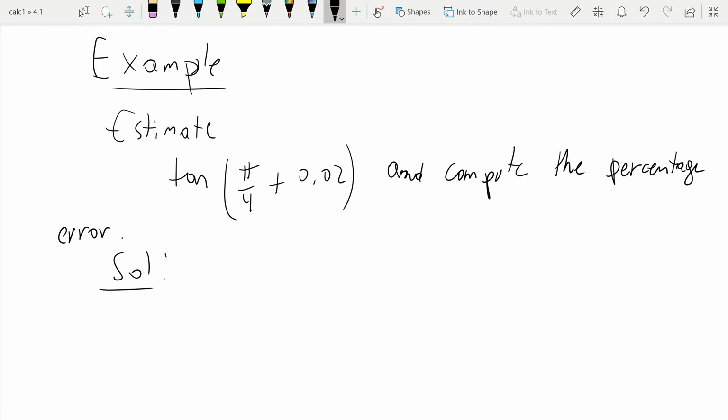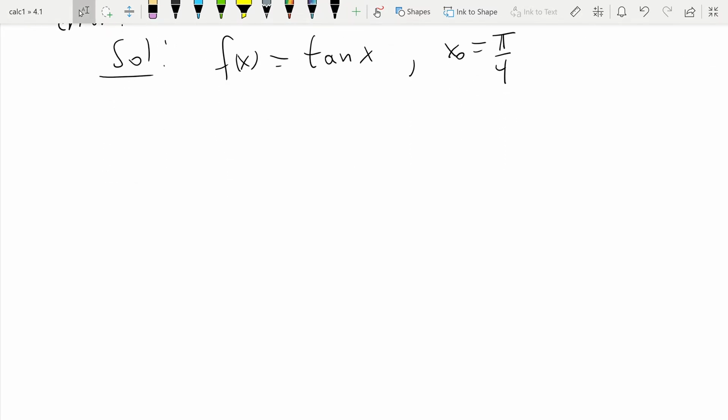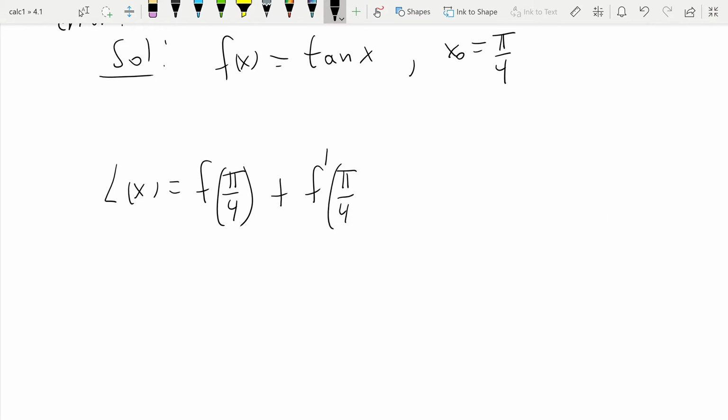Well, the function f of x that we want to linearize here is tan of x, the tangent of x, and the point x0 is pi over 4. So that means that the linear approximation at pi over 4 will be the function f at pi over 4 plus f prime at pi over 4 times x minus pi over 4.